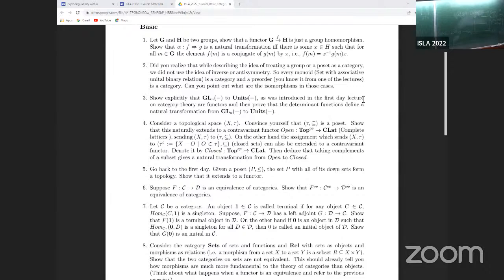A function sending the maximal element. Exactly, the maximum element, not maximal. Okay, maximum. The top element. Yes, the top element is the terminal. So now keeping that in mind, try to approach the problem.